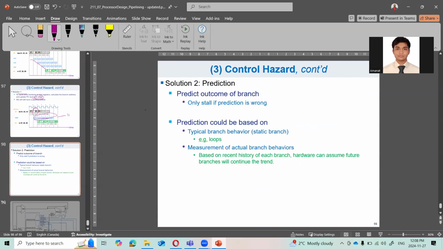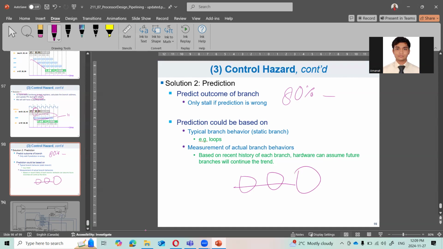But you can also do a prediction. In most cases, it has been found that in 80% of the cases, if there's a for loop, it is going to run. They have some probability calculation of whether the program is going to take the branch, and in that case, you start calculating the next instructions.